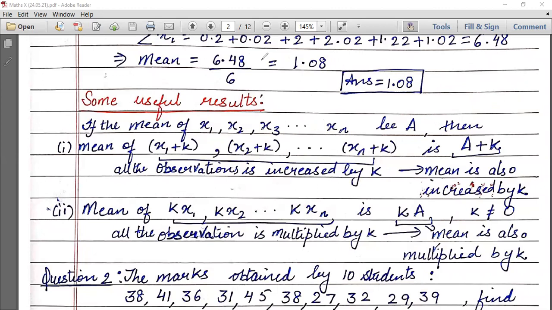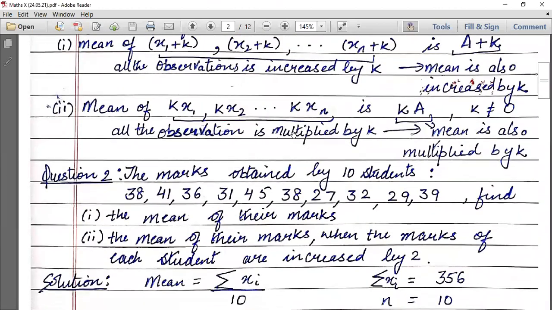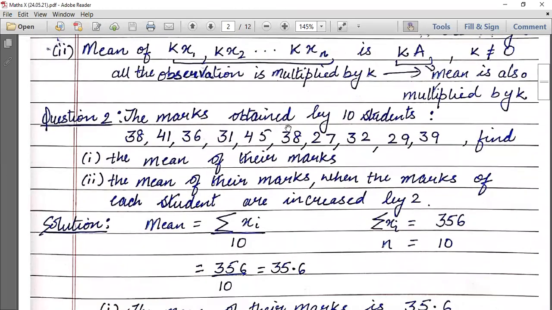So now let's discuss a question based on this. The marks obtained by 10 students are given to you. Find the mean of their marks, then the mean of their marks when the marks of each student are increased by 2. Let's first do the first part only. Find the mean of these 10 observations.